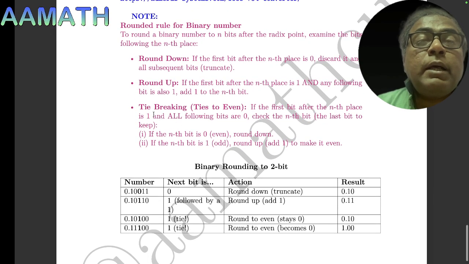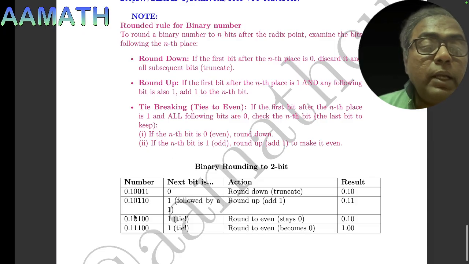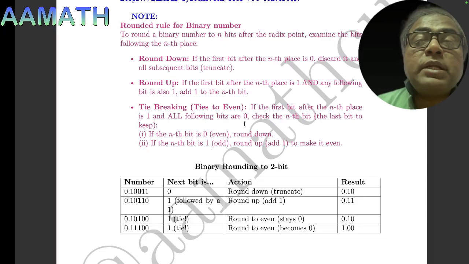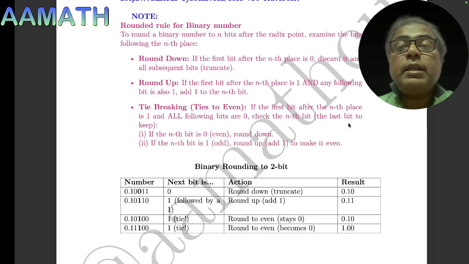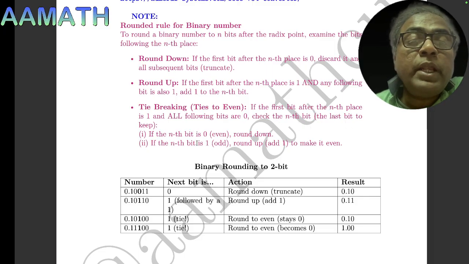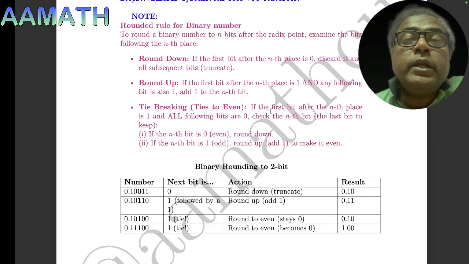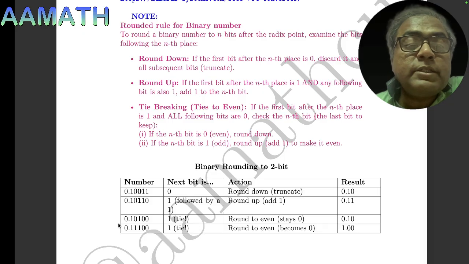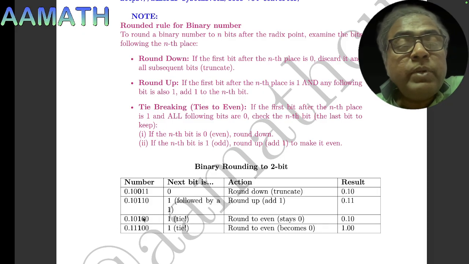Next, tie breaking, that is ties to even. If the first bit after the nth place is 1 and the following bits are all 0, check the nth bit, the last bit to keep. If the nth bit is 0, even, here the second bit is 0, even, so round it down. We just truncate, since all bits after that 1 are 0, giving 1 0.